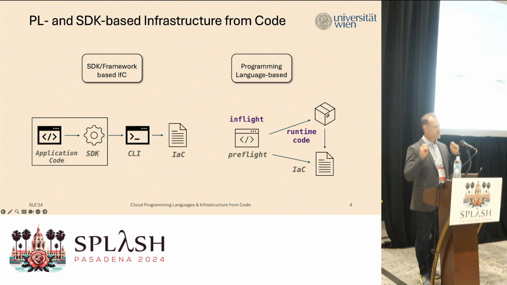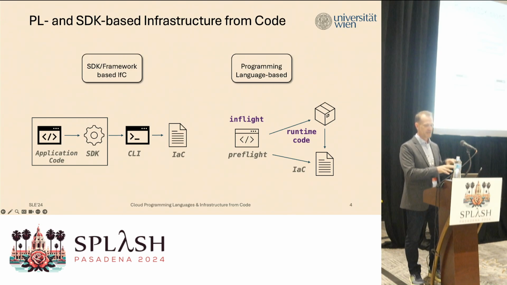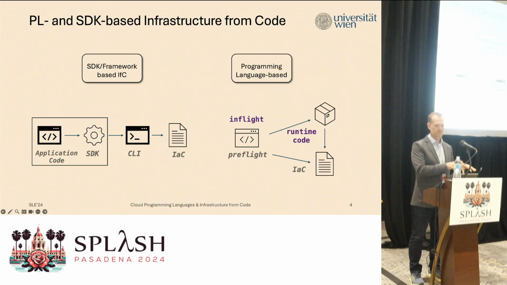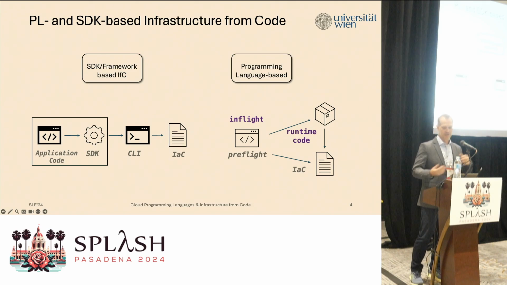There are two remarkable solution paths in infrastructure from code, which are the software development kit or SDK or framework-based approach, which can be seen as the natural next step in evolution, and programming language-based approaches on the other hand.